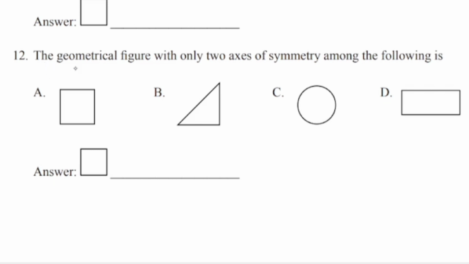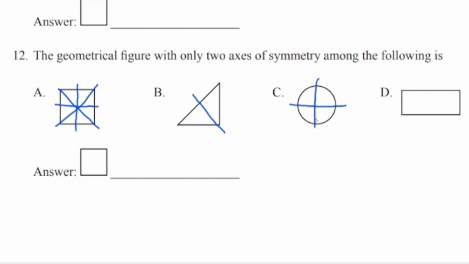The next question: the geometrical figure with only two axes of symmetry among the following is. For that, let us draw the symmetry lines. For the square, 1, 2, 3, 4. For this triangle, 1.